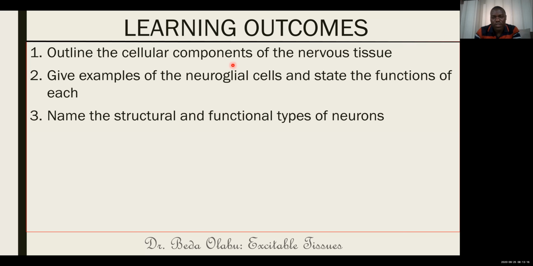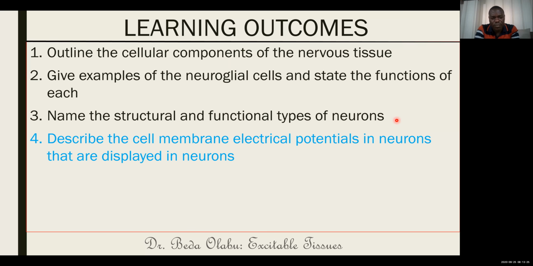And perhaps that's what the anatomy part of the lecture entails. I am more interested in the physiology part of the lecture, where we are going to describe the cell membrane electrical potentials as they exist in neurons. You remember we talked about excitable tissues. We talked about cell membrane potentials some time back.